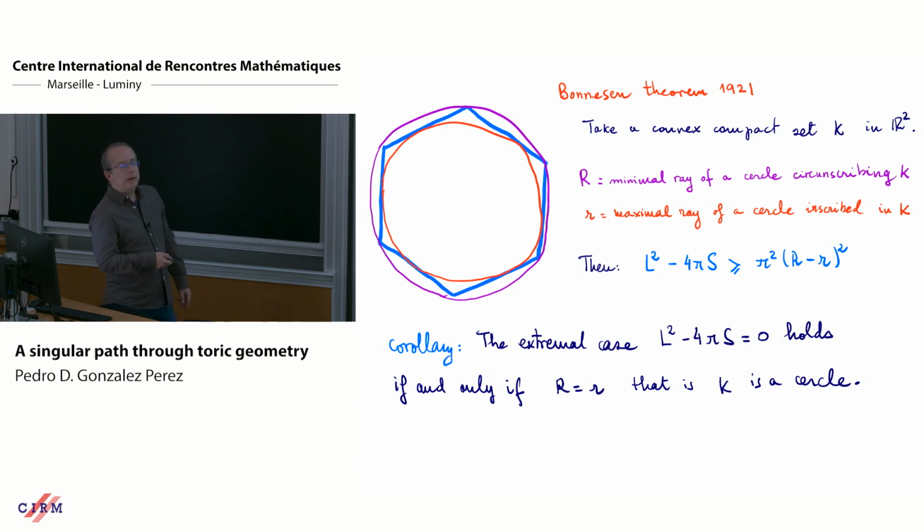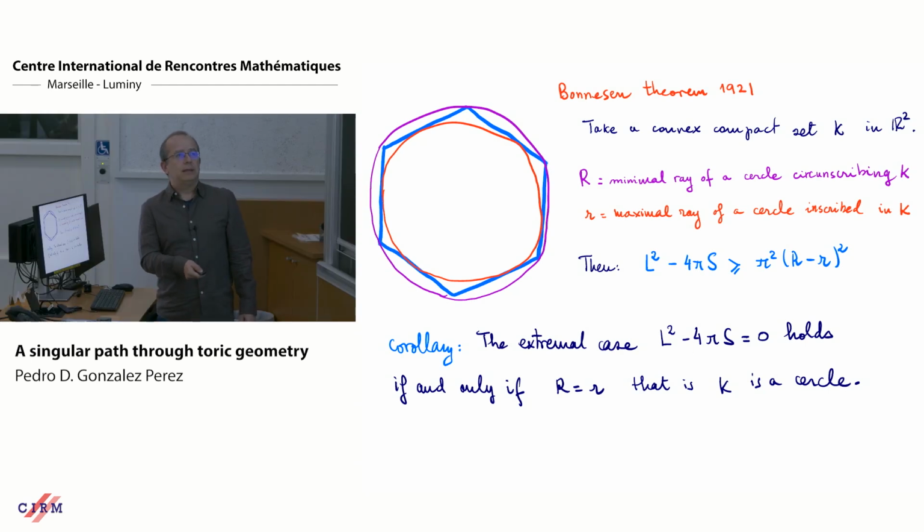And in particular, what we get from here is that the extremal case, when this discriminant is equal to 0, may happen if and only if the small r is equal to the big R, so that the set K is a circle.